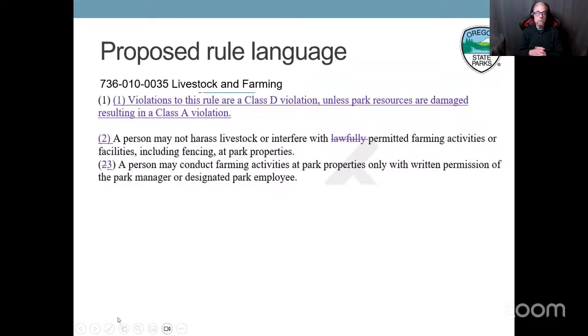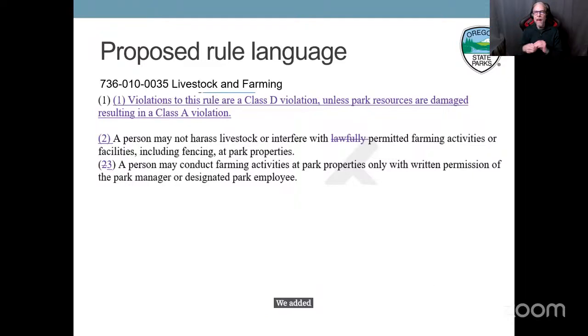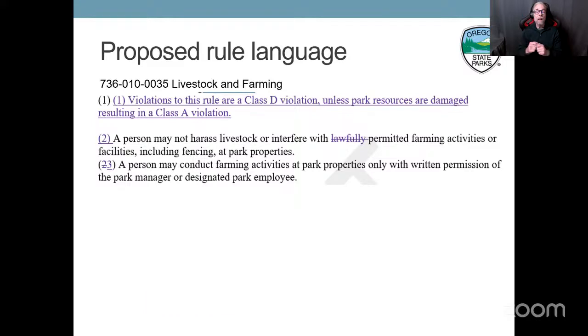This next section is Oregon Administrative Rule 736-010-0035, livestock and farming. We added the section that violations to this rule are a Class D violation unless park resources are damaged, resulting in a Class A violation. Under 2, we remove the word lawfully.